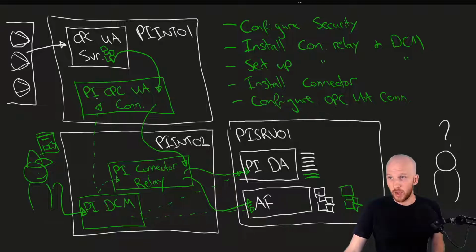Now, Pi OPC UA Connector is going to run where we already have an account configured, and it's called SVC Pi Con, exclamation mark because $, because it is a group managed service account.